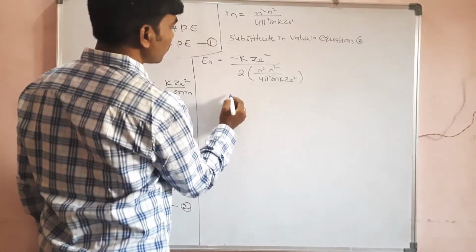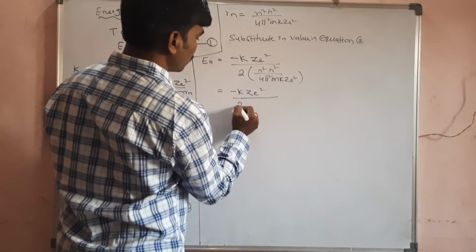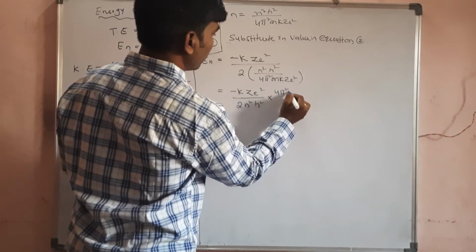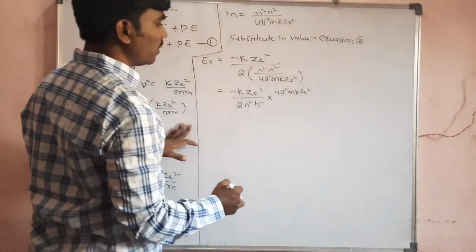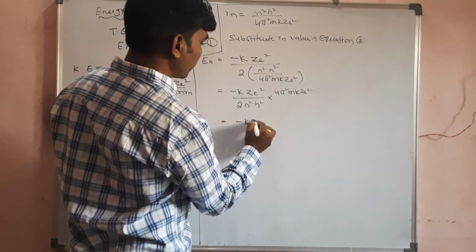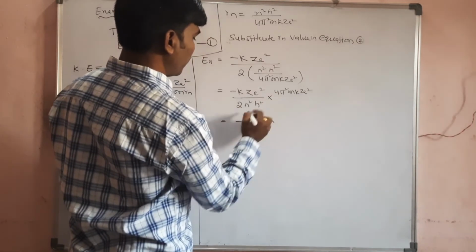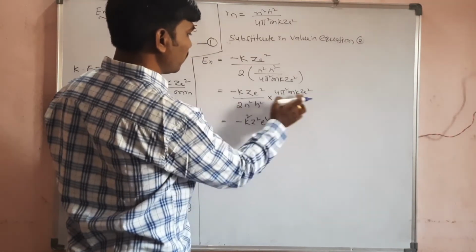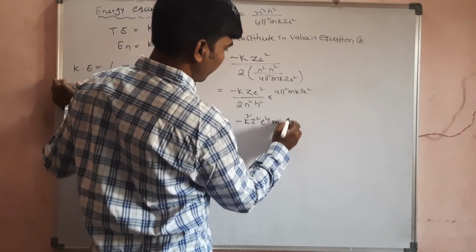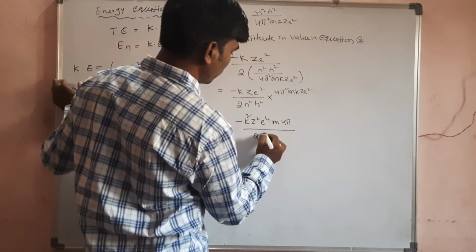So then minus kZe square upon 2 into n square h square by 4 pi square m k Ze square. Finally minus k into k square, Z into Z square, e square into e square, that is e to the power of 4, then m, then 4 pi square, by 2 into n square h square.